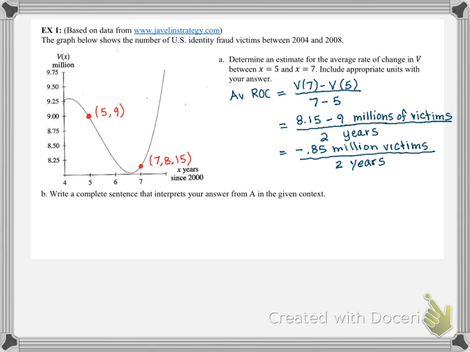So 0.85 divided by 2, we get negative 0.425. So that's the numerical part, and then we need the units. You can think of division as like the word per. So we're dividing million victims by years. So our units are going to be million victims per year.